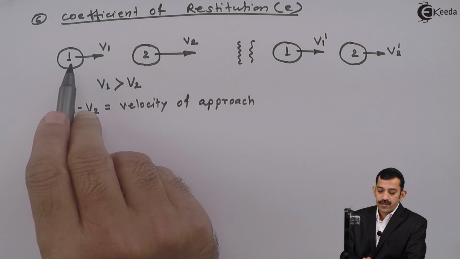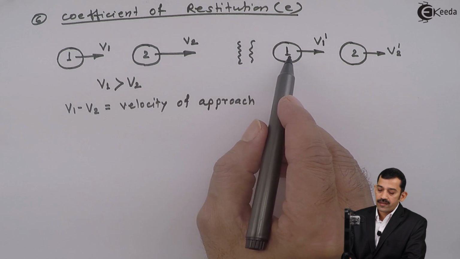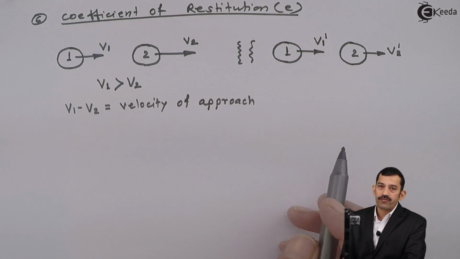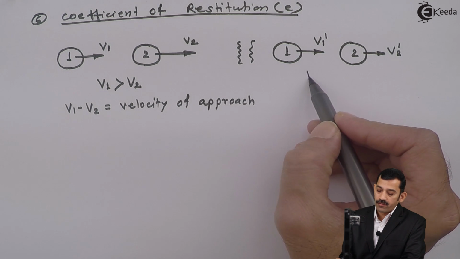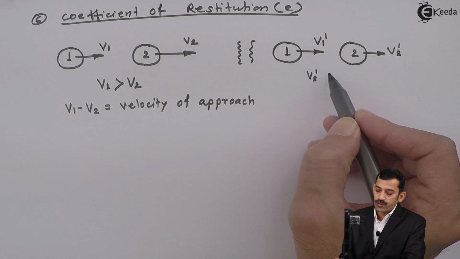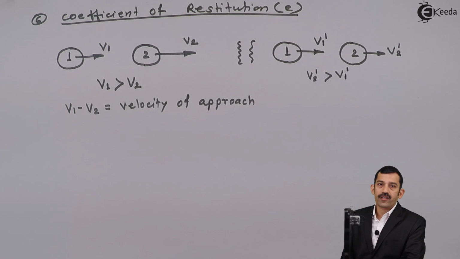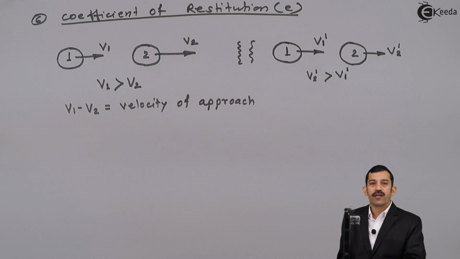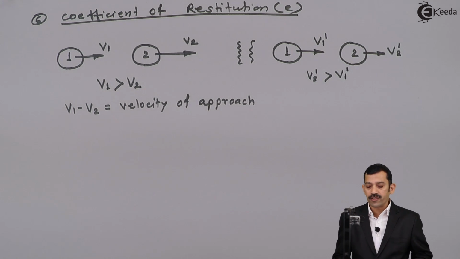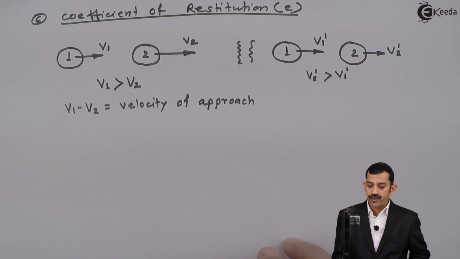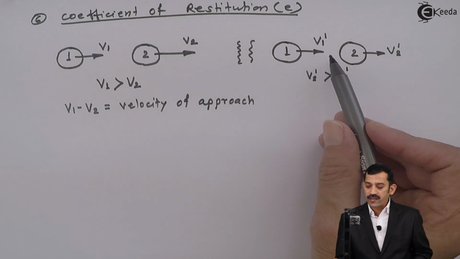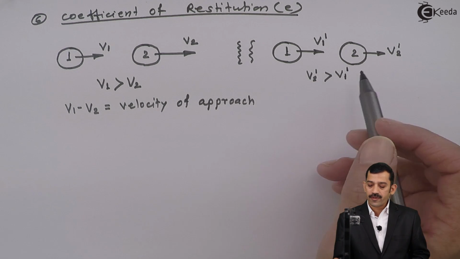That means after impact, as the bodies separate with different velocities, definitely the velocity of body 2 must be greater than the velocity of body 1. Then only you can say separation is possible. Otherwise bodies can't separate from each other. If, for example, you assume v1 dash is greater and v2 dash is less, then separation is not possible.